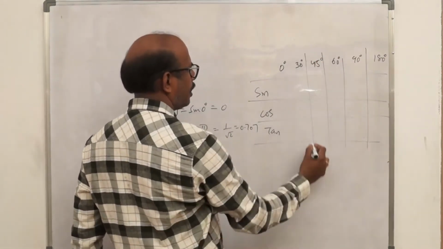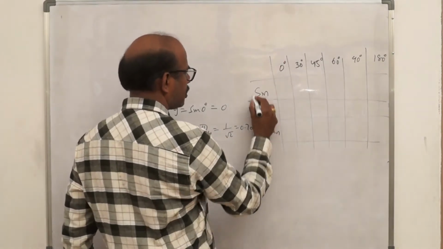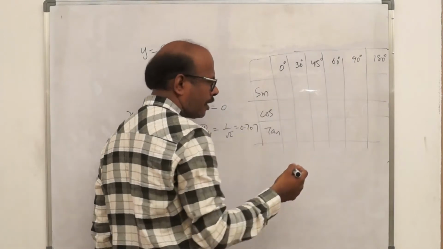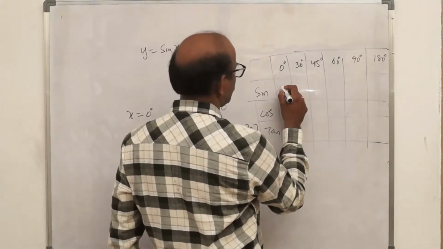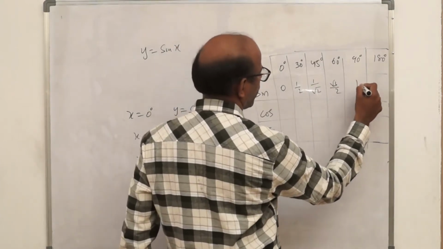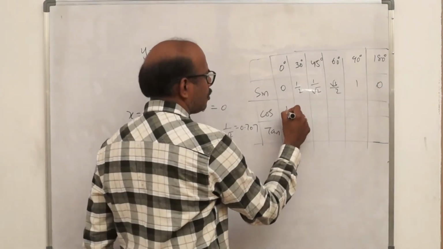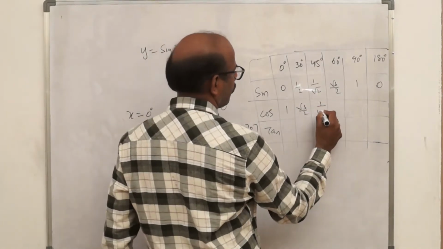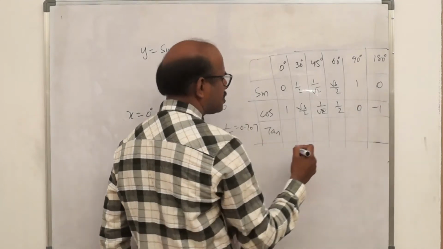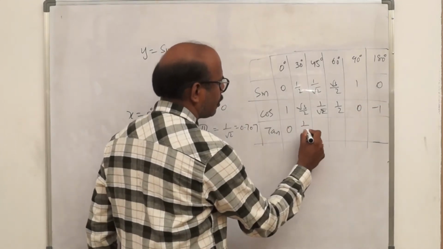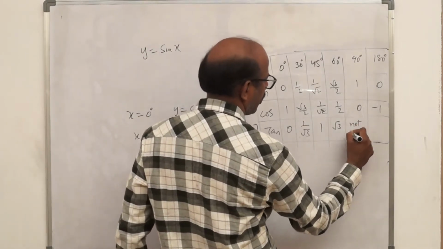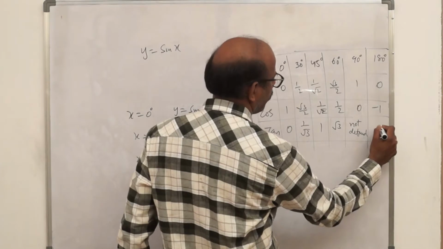Sin 0 is 0, sin 30 is 1 by 2, sin 45 is 1 by root 2, sin 60 is root 3 by 2, sin 90 is 1, sin 180 is 0. Cos 0 is 1, cos 30 is root 3 by 2, cos 45 is 1 by root 2, cos 60 is 1 by 2, cos 90 is 0, cos 180 is minus 1. Tan 0 is 0, tan 30 is 1 by root 3, tan is sin by cos, tan 45 is 1, tan 60 is root 3, and tan 90 is not defined.